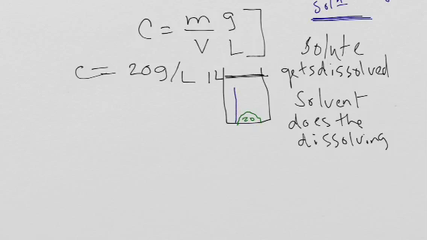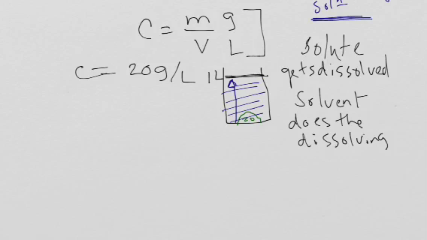I'm going to add water until I hit my 1 liter mark, so that my final volume is 1 liter for this whole mixture. I'm going to stir it. It's going to dissolve. But here's the deal. I can make this exact concentration using a much smaller volume.